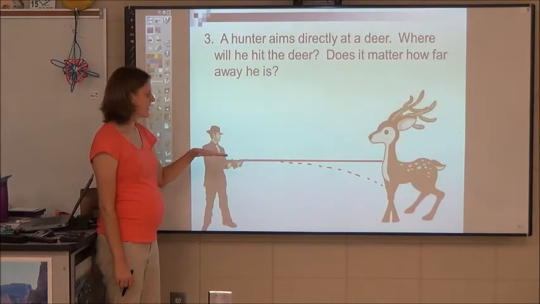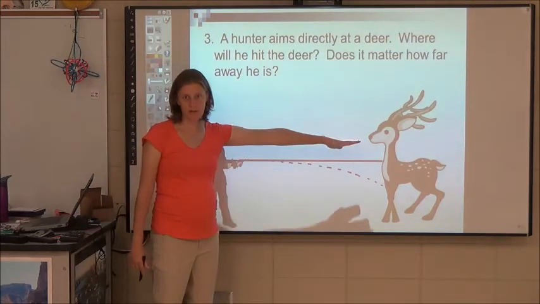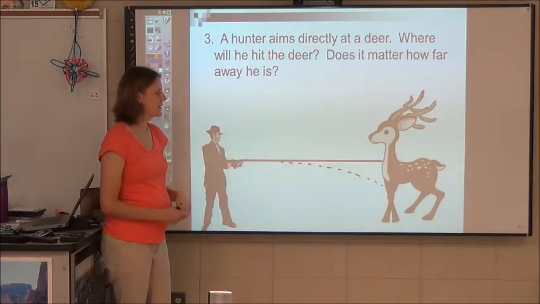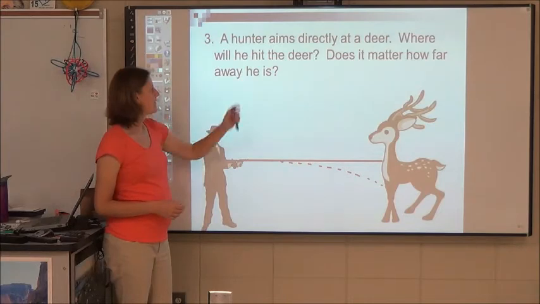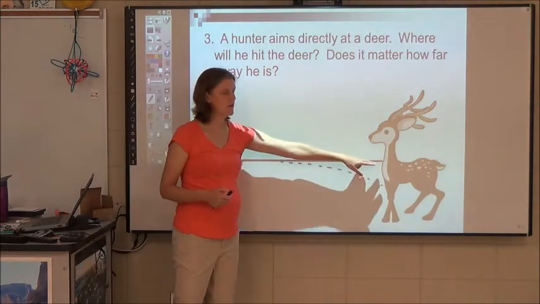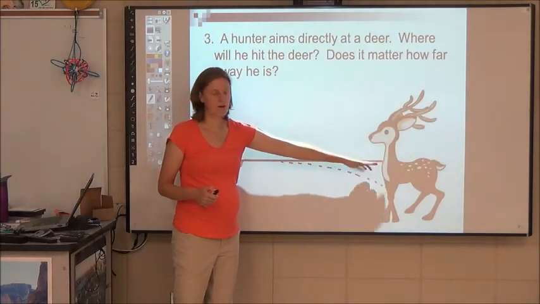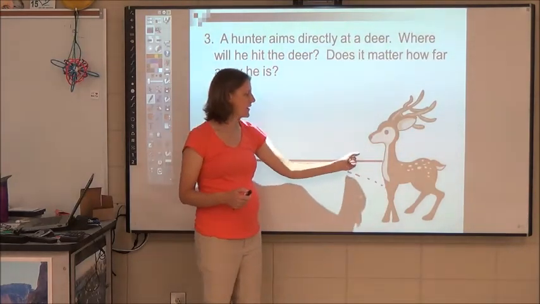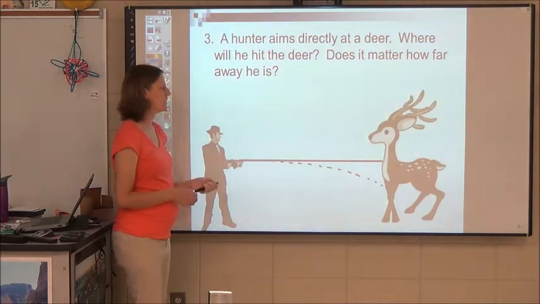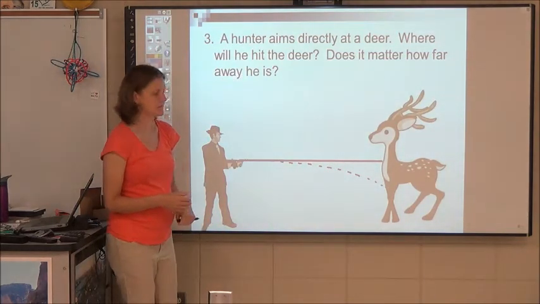But without something like that, if you just aim straight, you're not going to hit dead straight. You're going to hit just a little bit lower than you think. Doesn't matter how far away he is. Sure, the closer he is, the closer he'll be to hitting his target. But even incredibly close, he's still going to hit lower than he's aiming because that bullet has to start falling.